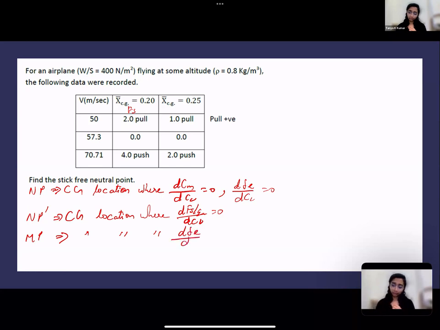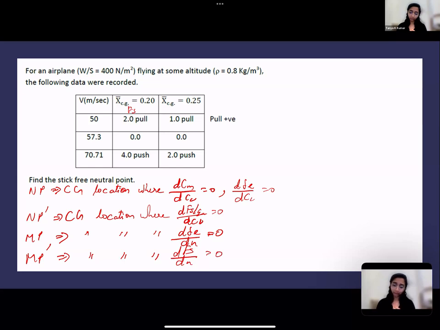D delta E upon dN is zero. Last one, stick free maneuver point. CG location where? dFs by dN equal to zero.